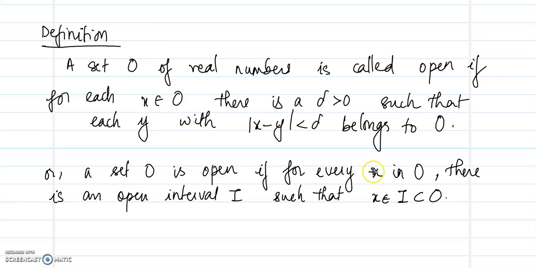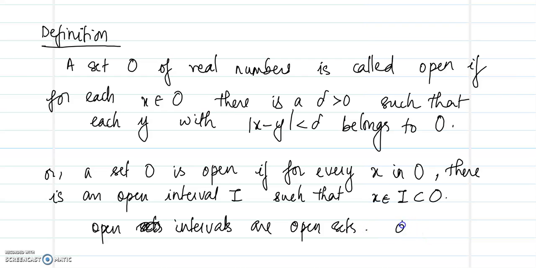Equivalently, O is open if for each x in O, there is an open interval I such that x belongs to I, which is contained in O. That means every point in the set must be an interior point. So corresponding to every x, there must be an open interval I which is contained in O. And as you know, open intervals are open sets.